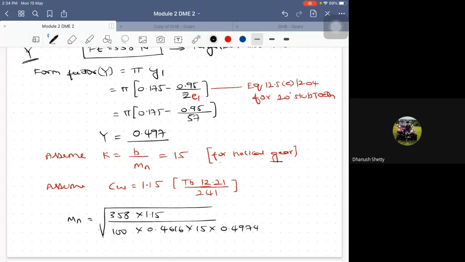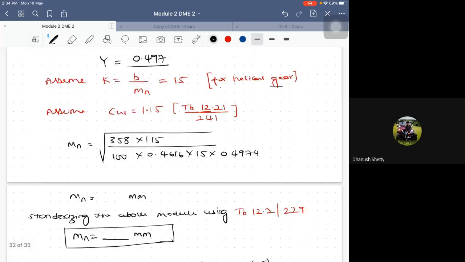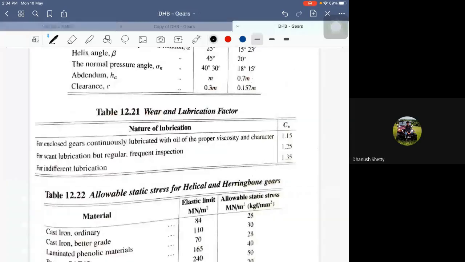What is the normal module? 1.09. Very good. So take this particular value, go to table number 12.2 on page number 229 and give me the standardized value of that.